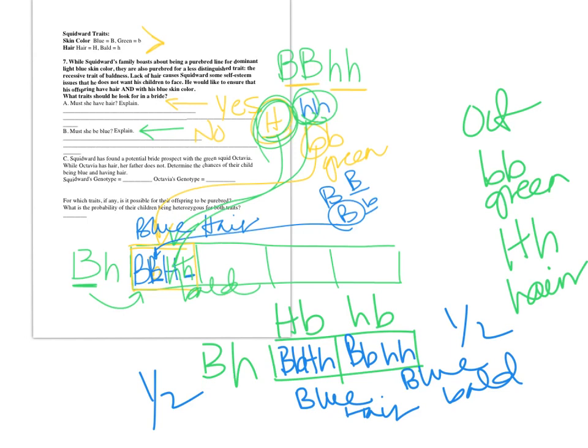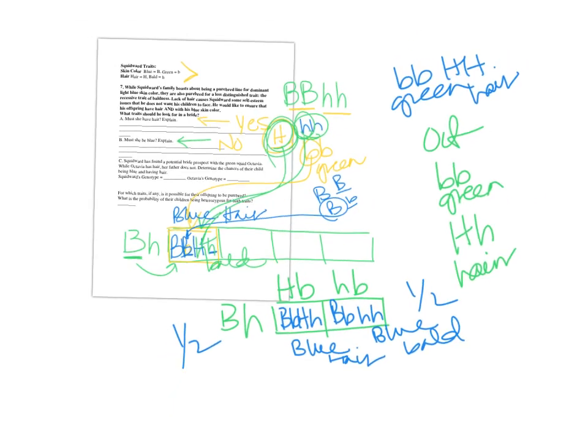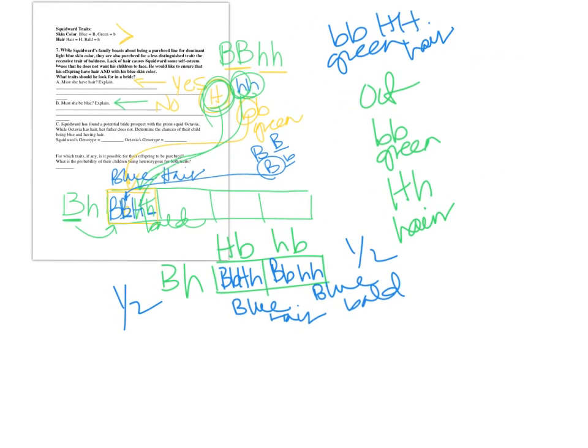Now, if he found a mate that was little b green, but homozygous hair, right, then he'd be all set. Because then, here's Squidward, poor old Squidward, right?